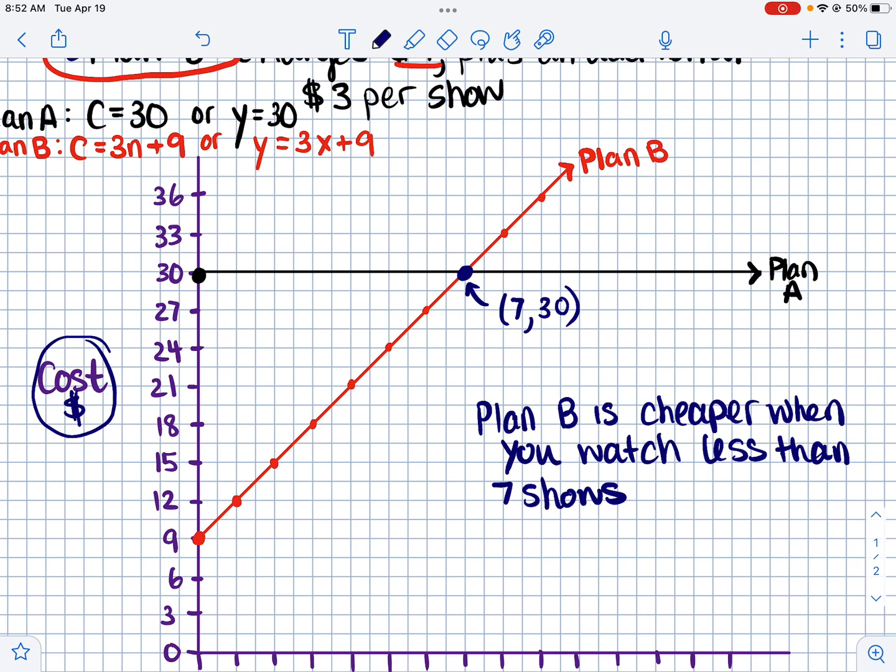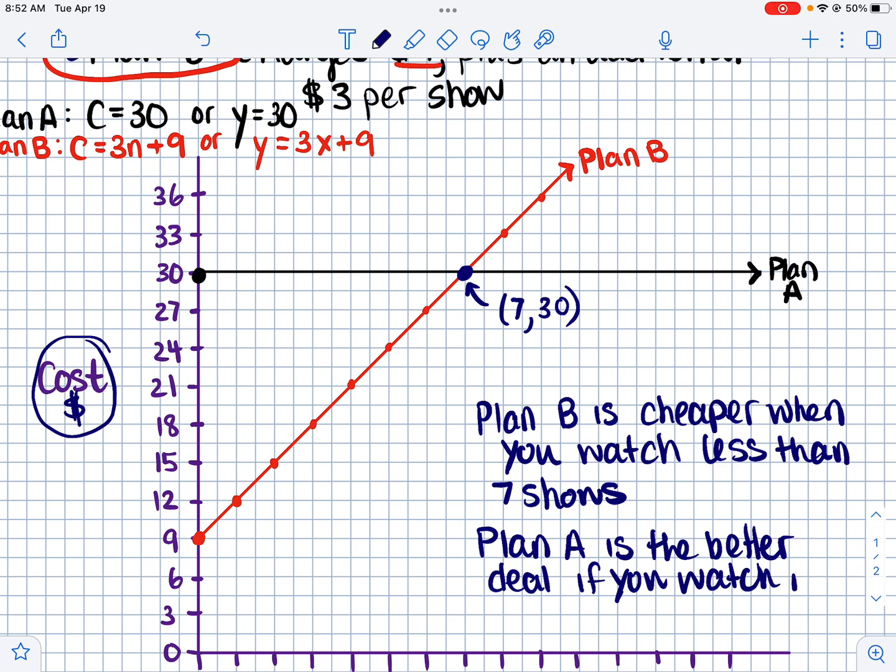But if you're going to watch more than 7 shows in a month, then plan A would be your better bet. So plan A is the better deal if you watch more than 7 shows.